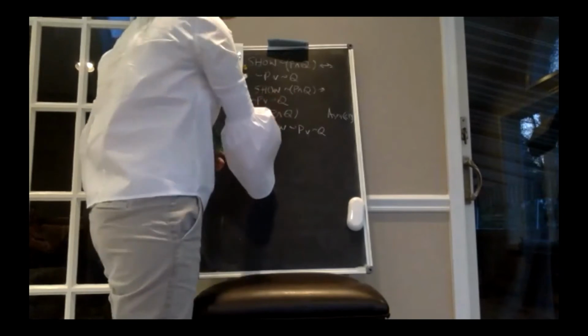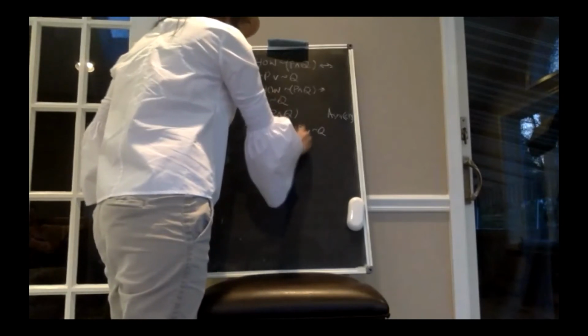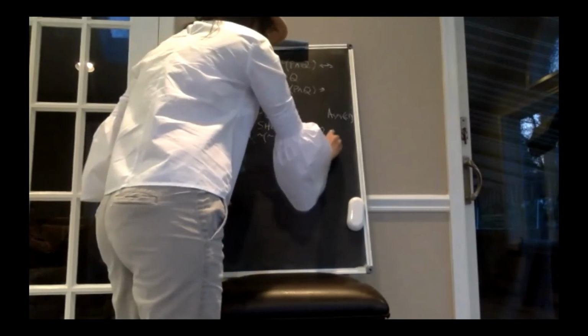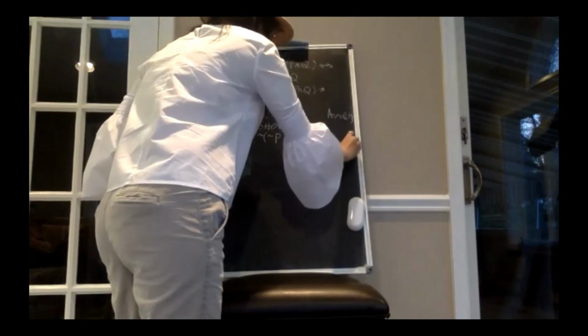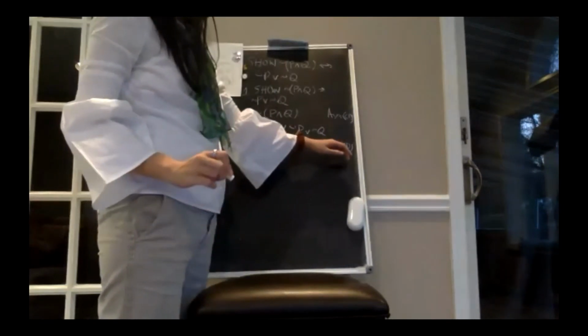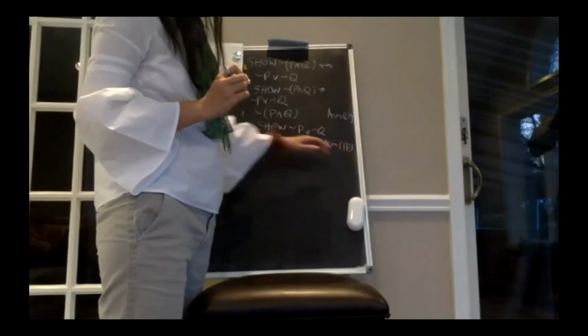So we put the not in front of it, and we get to assume that because we're carrying out an indirect derivation or an indirect proof of this statement.